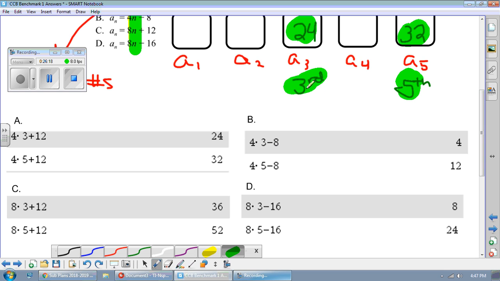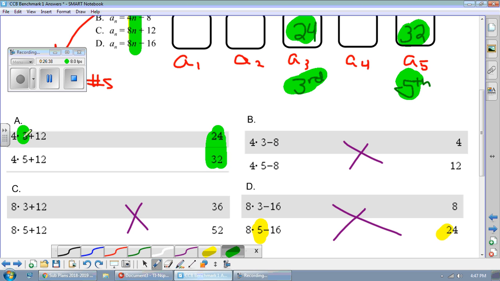I'm looking for the 3rd term to get an answer of 24. So I got a 24 right here, but it's not where I substituted a 3. So that's not it. No 24, so that's not it. No 24, so that's not it. So that leaves this pair. When I substitute a 3, I get 24.